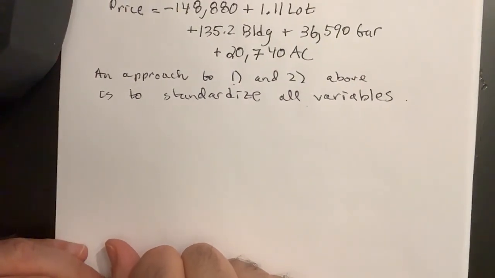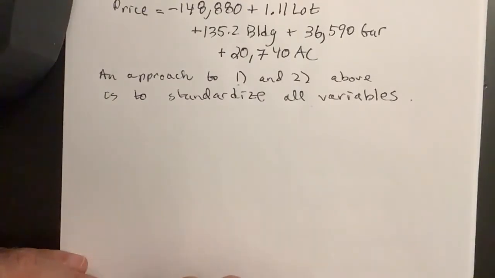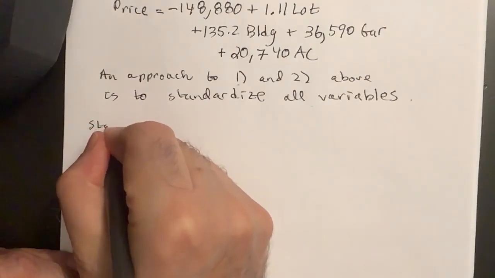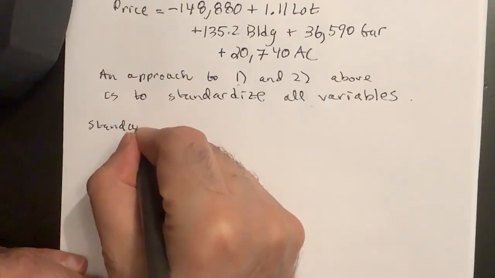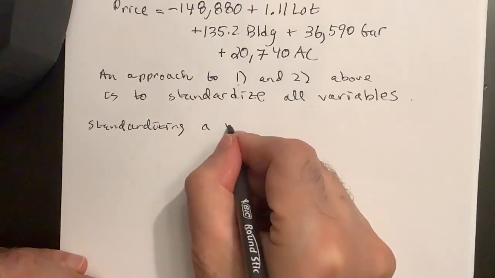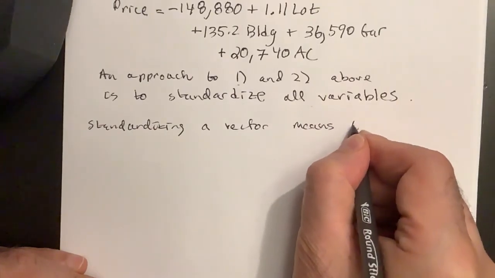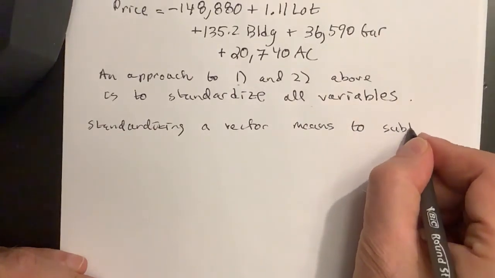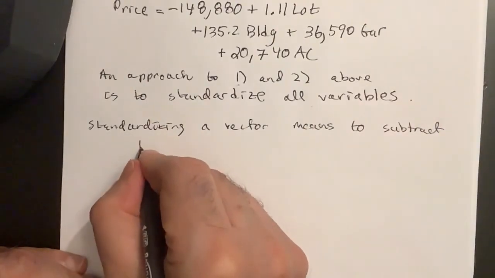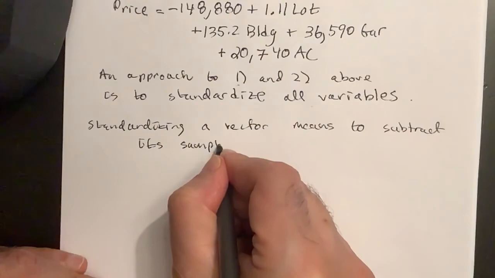All right, so the first one: when we say we standardize a vector, such a long word, standardizing a vector means to subtract its mean, and we mean sample mean, of course.